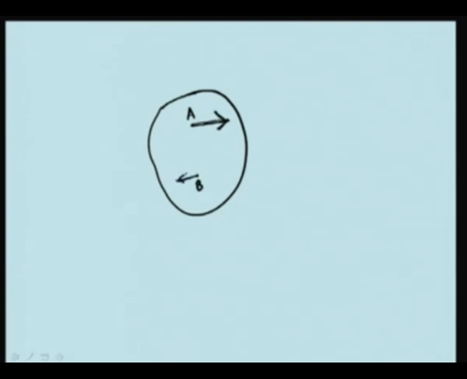Now, consider the case if the velocities of 2 points are parallel. A is a point, velocity is like this, and B is another point in which the velocity may be like this. They are parallel but opposite in direction.